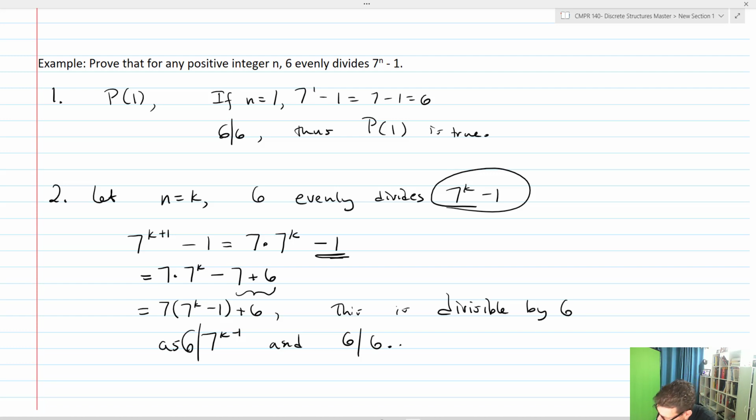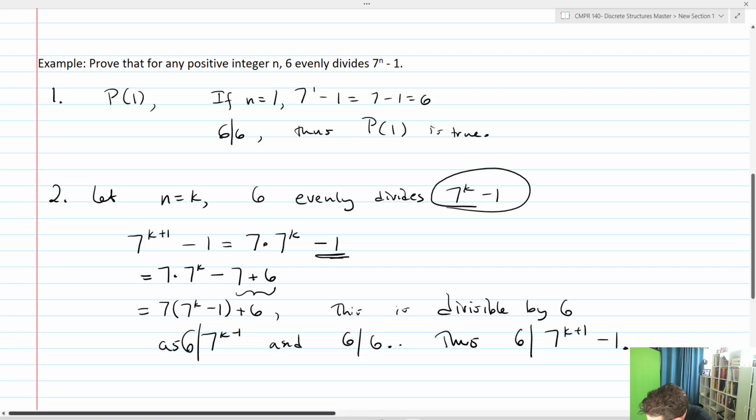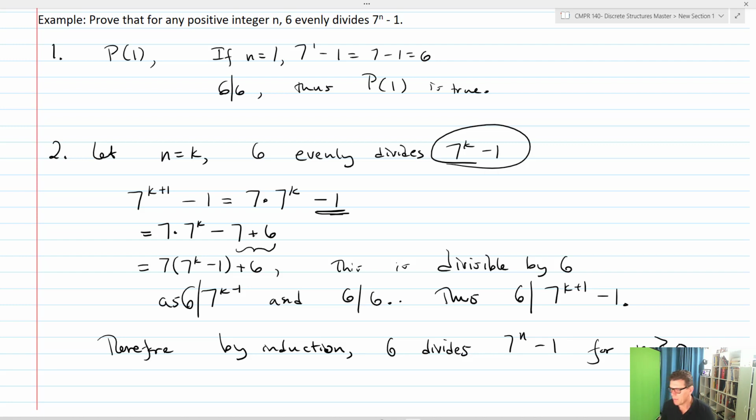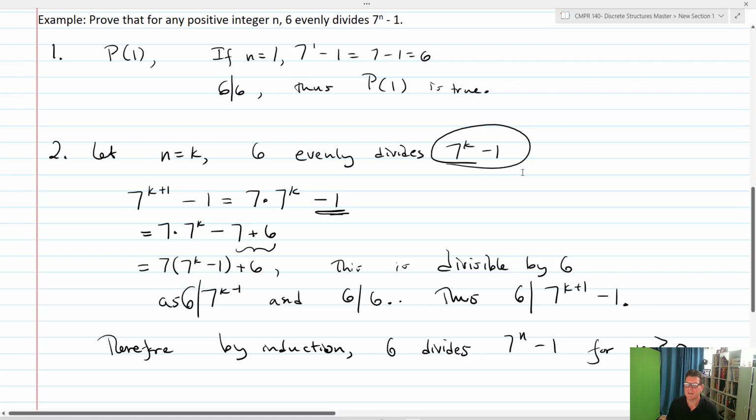Thus, 6 divides 7 to the k plus 1 minus 1, and we're done. Therefore, by induction, 6 divides 7 to the n minus 1 for n greater than or equal to 1. Yay, and we're done. Let's take a look at another example.